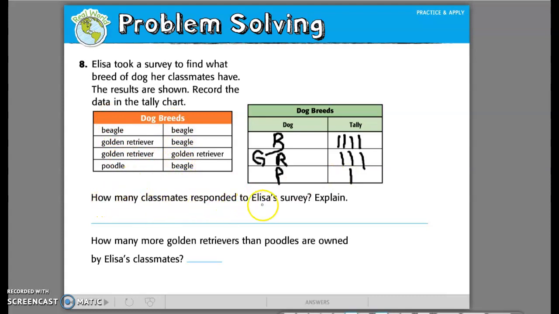How many classmates responded to the survey? Well, that would be 8. And you can put, I added the tallies, or counted the dogs.